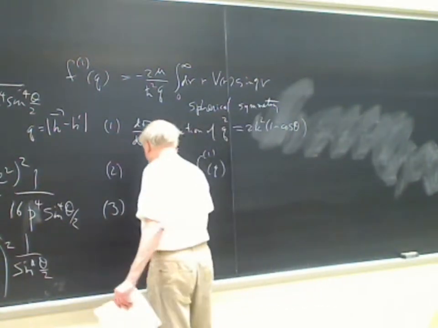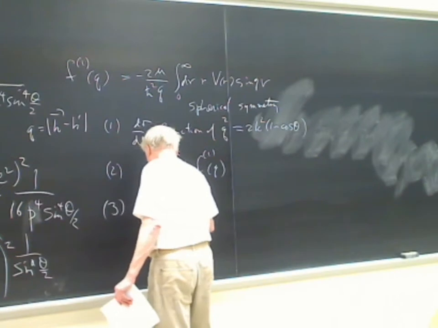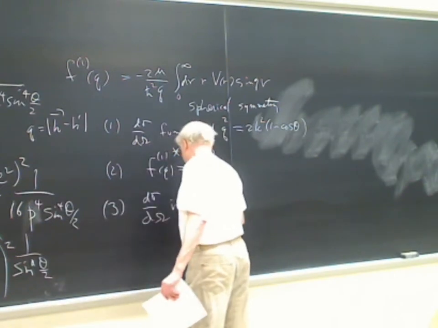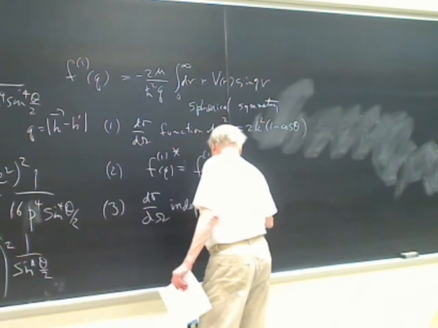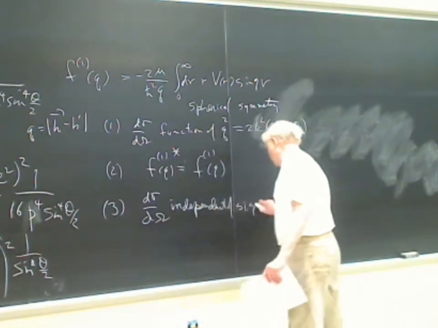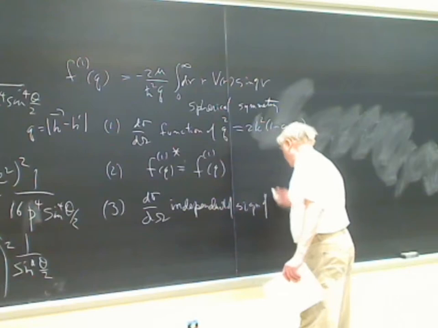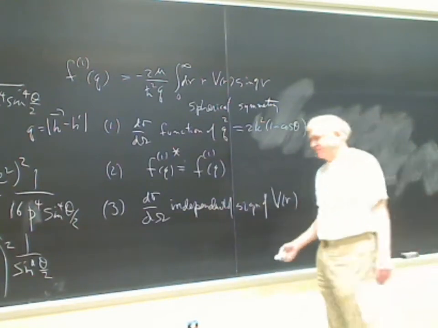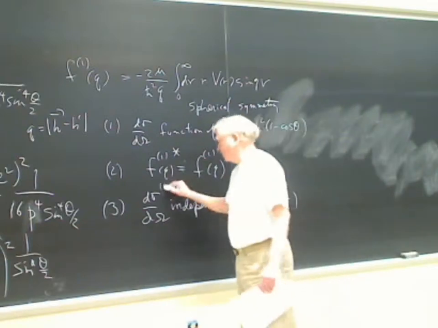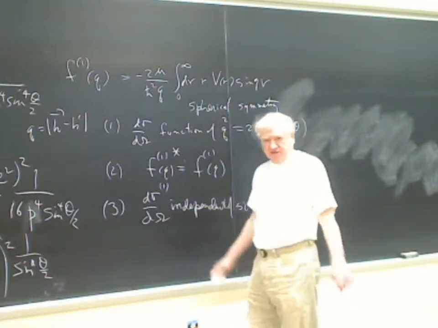Three, d sigma d omega is independent of the sign of V of r. So that means that whether you have an attractive potential or a repulsive potential, the first Born approximation gives you the same scattering cross section.